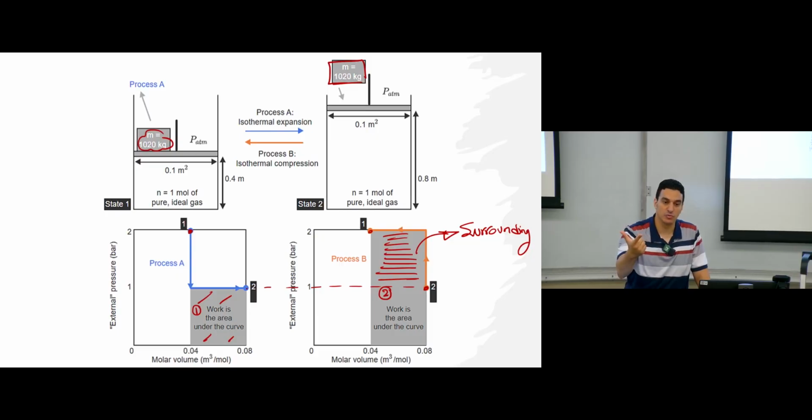The amount of work obtained from this process, expansion and compression, is not the maximum compared to the reversible one. And at the same time, if you reverse the process, if you have expansion and then compression, the system will return to the initial condition, but we have a net amount of energy. This net amount of energy will cause some changes to the surrounding.